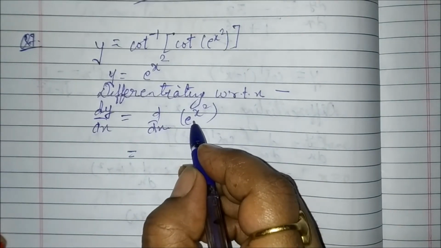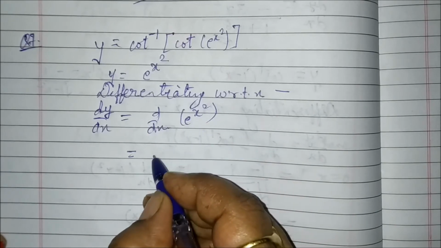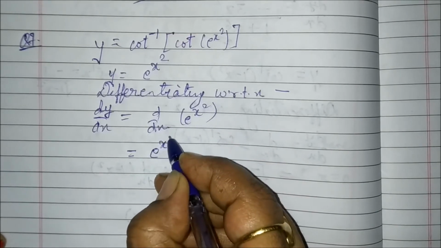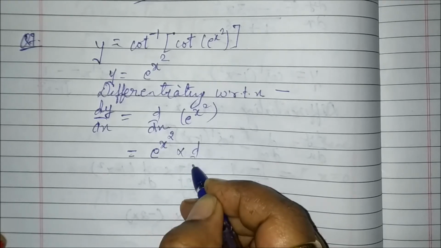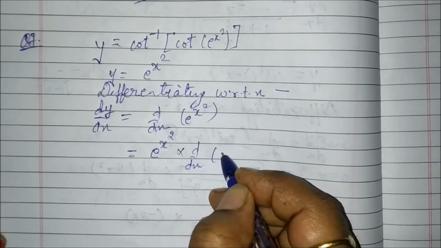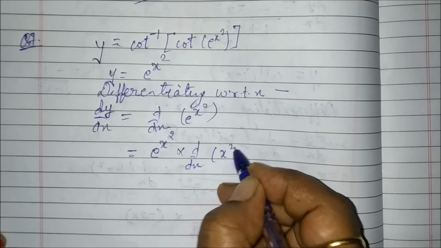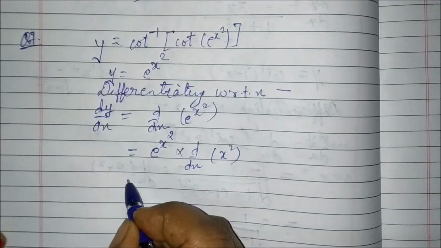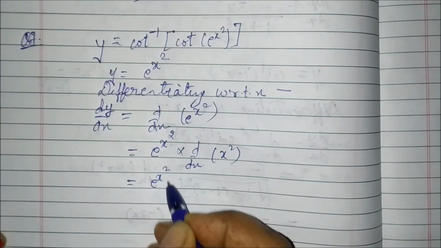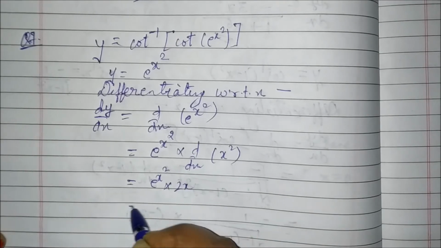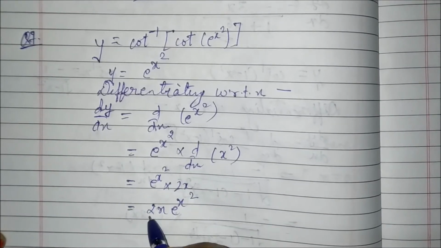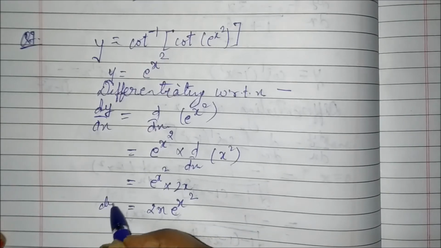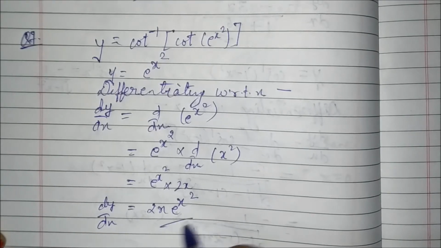Derivative of e raised to x is the same, e raised to x, so we write e raised to x square, but into d by dx of x square. Now derivative of x square is 2x. So arranging this, we get 2x e raised to x square, and this is the derivative of this function.